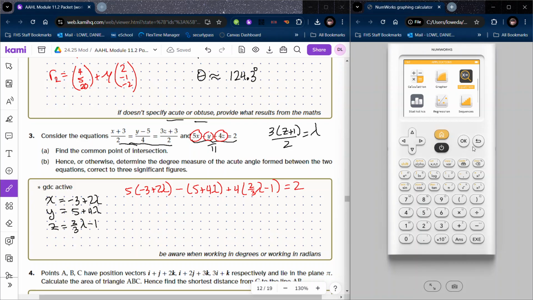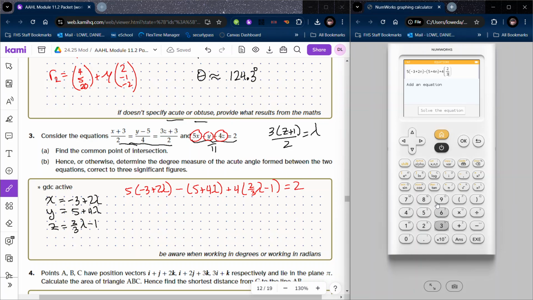If I come to my equation solver, I can put that into my calculator, plus 2, and I'll just use n as my variable here, minus parentheses 5 plus 4, use n as my variable. It doesn't really matter what letter you use, as long as you're consistent within the context of your work.